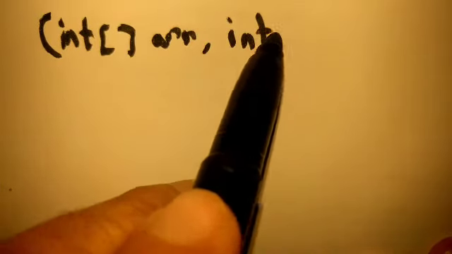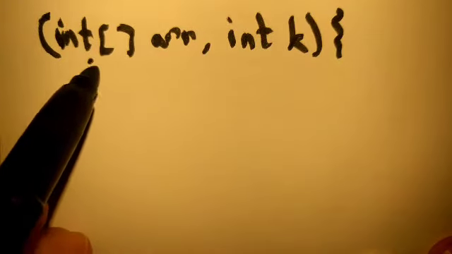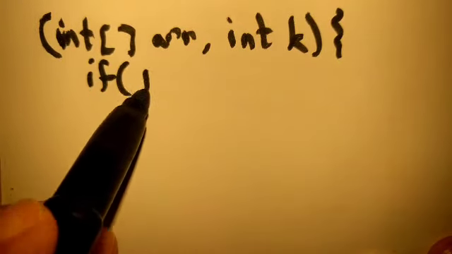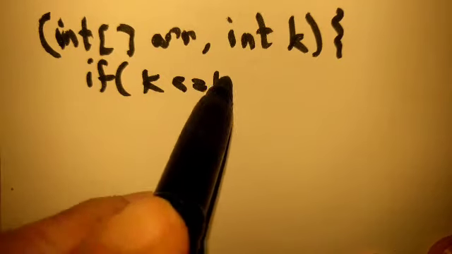Now let's move on by writing the code for that. So the code would be as follows. The input of the function is the array and k. First we do a termination check. What if k is less than or equal to 1?